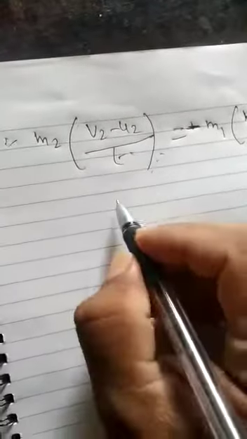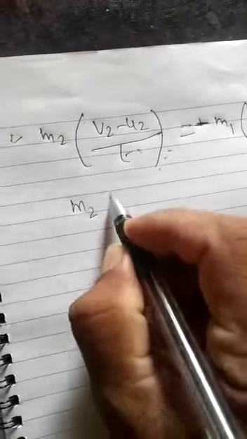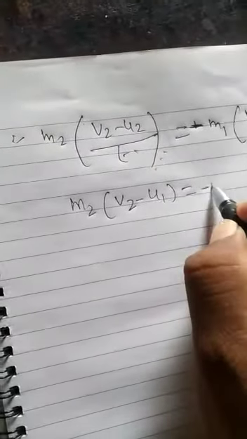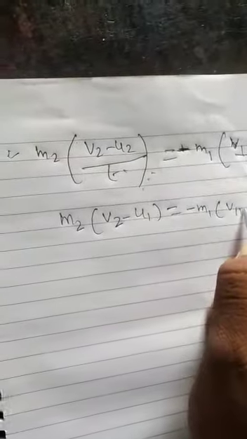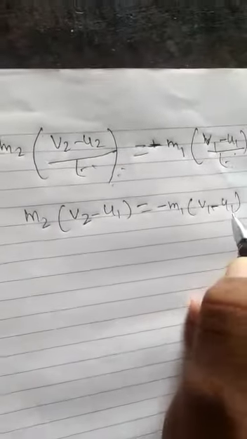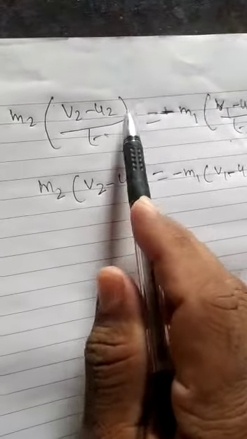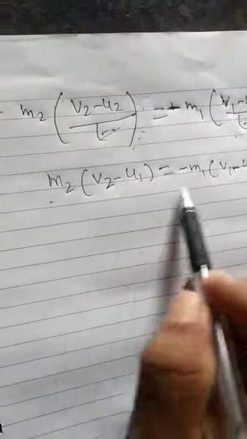Now t gets cancelled here. So thereafter we write m2 (v2 minus u2) is equal to minus m1 (v1 minus u1). It's clear. This t is transferred to the other side, then t gets cancelled, and the remaining terms are written here.